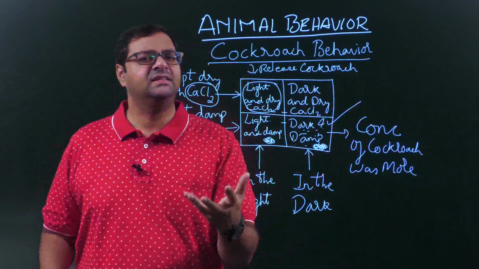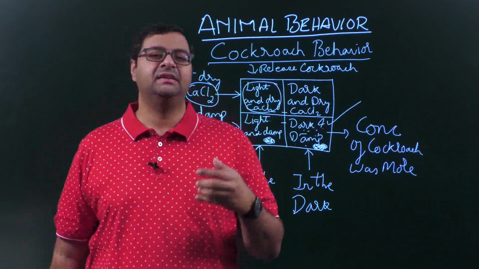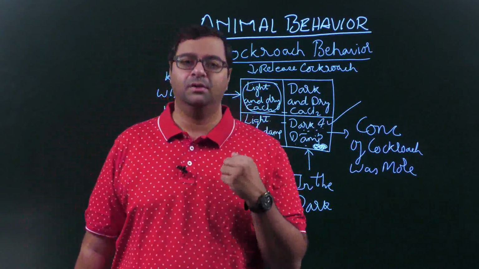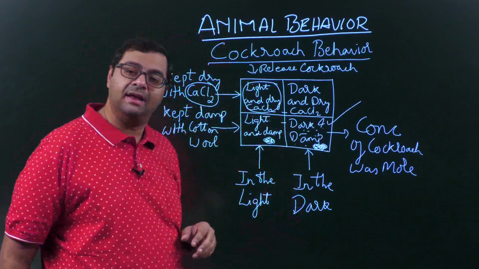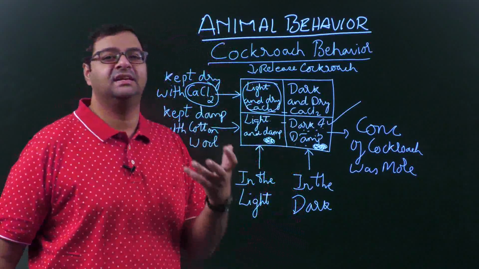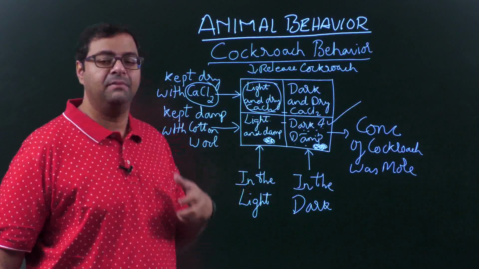That is their instinct. That is how they survive and how they make their young grow. Similarly, the cockroach also prefers dark and damp conditions. That is the instinct they have developed from evolution.